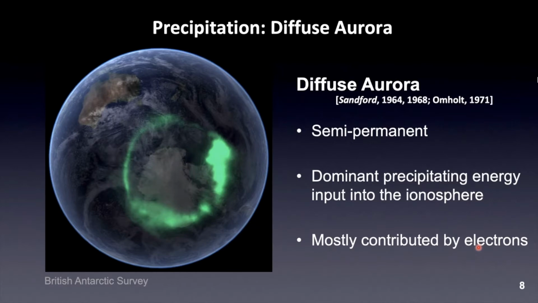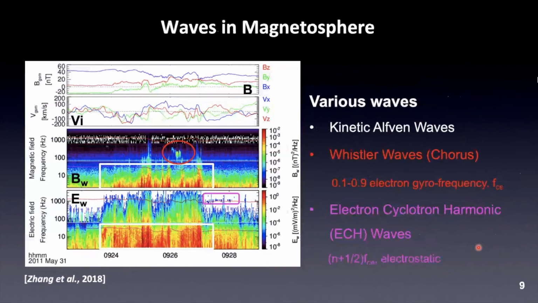After introducing these three phenomena, we noticed that they share one common characteristic: all of them involve waves. Specifically, as a response to the magnetotail dynamics, illustrated here, the dipolarization front and the fast plasma flows, various plasma waves can be excited, including kinetic Alfven waves, whistler mode waves, and electron cyclotron harmonic waves.